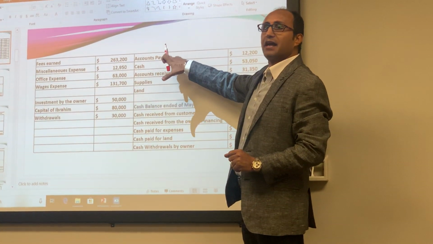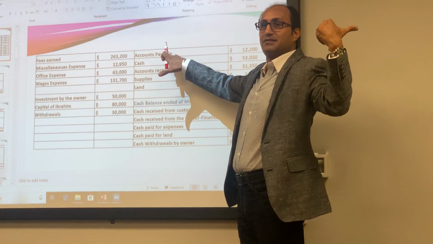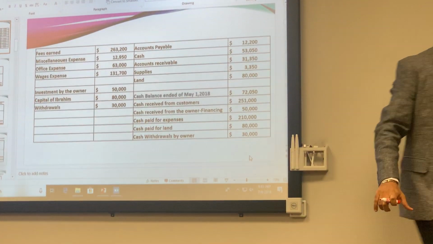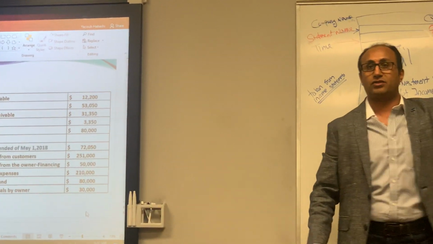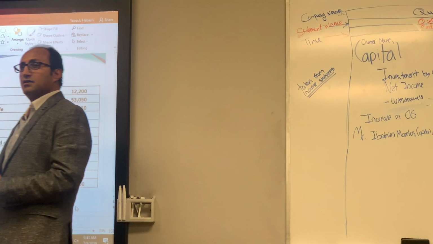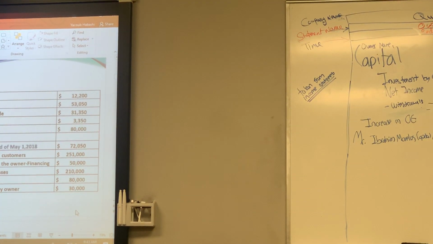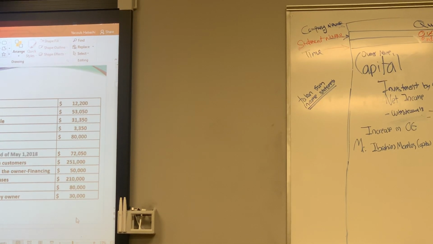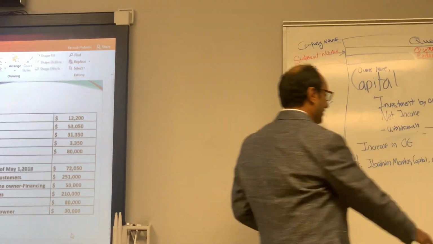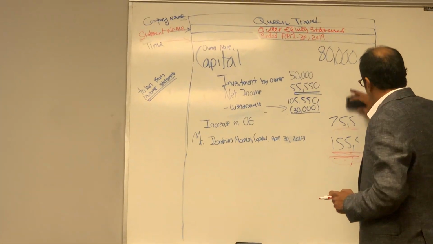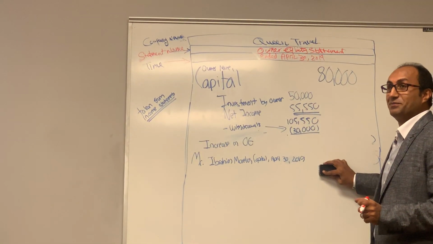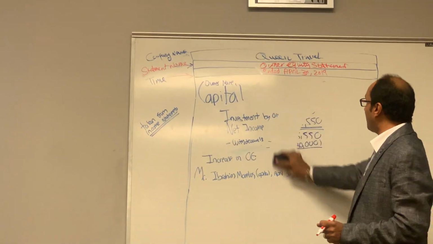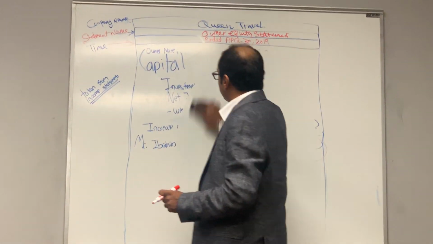This is liabilities, accounts payable under the liability section. Owner equity number under the owner equity section. Easy? This is the balance sheet, you're right. See, the financial statements are easy now. Before it was difficult, but now very easy.